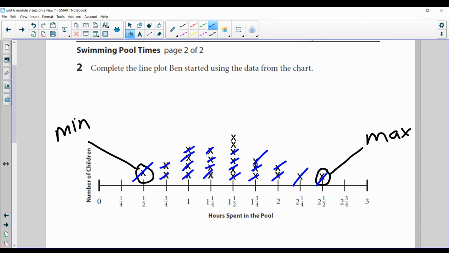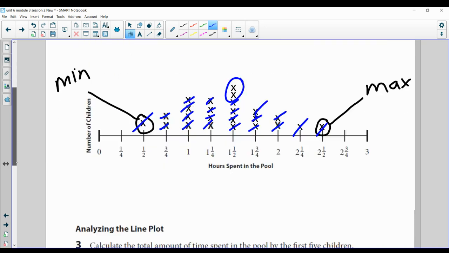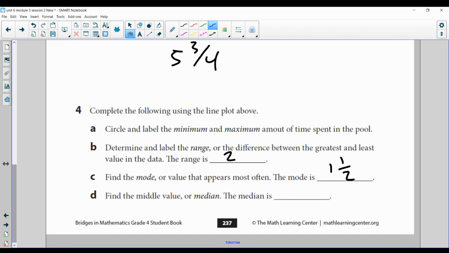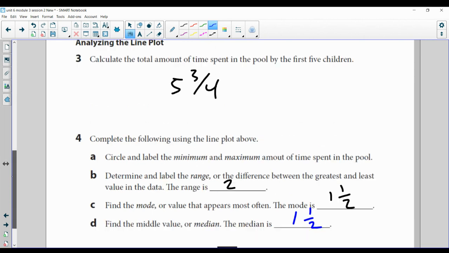And so right here we have a tie, but they are both on 1 1/2. So our median value for this is the same as our mode. It just so happened that they matched up. Okay. So that is how we would find the minimum, the maximum, the range, the mode, and the median.